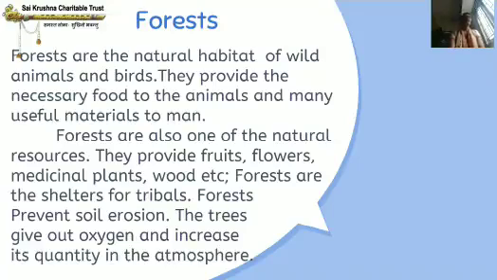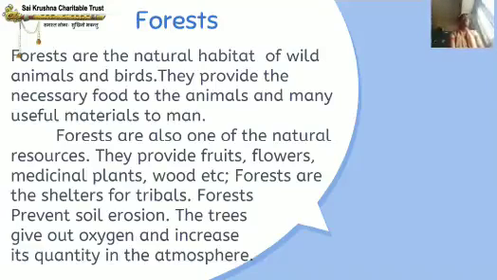Forest not only helps birds and animals but also human beings. It provides useful materials to man. So forests are also one of the natural resources. As you all know, forest is one of the most important natural resources.